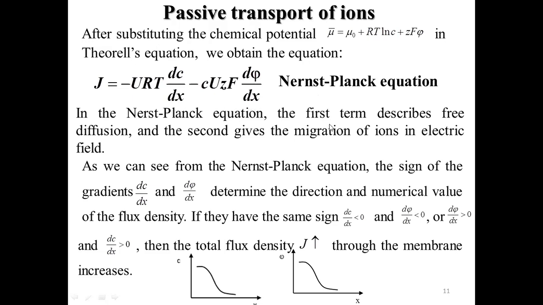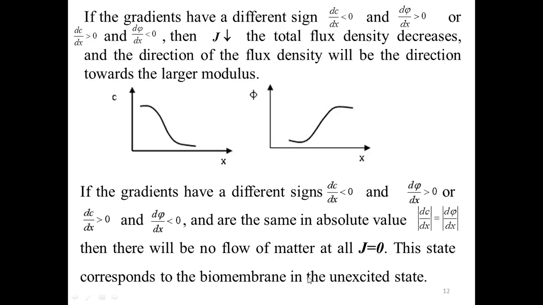The first term describes free diffusion and the second gives us migration of ions in the electric field. Depending on the relations between gradients of concentration and chemical potential, we have different situations, as you can see in these pictures.